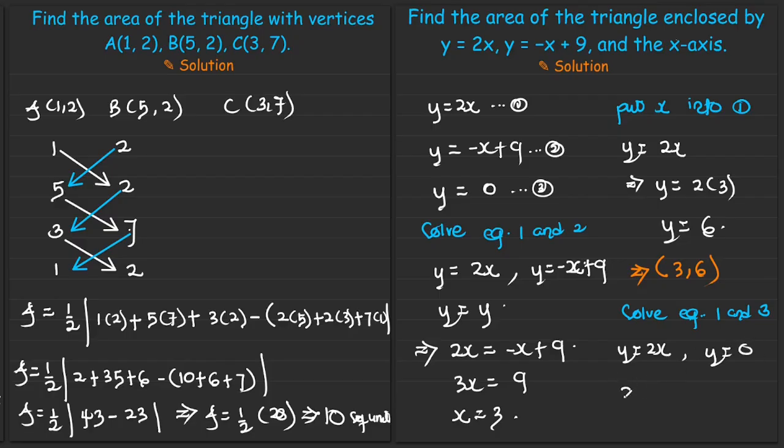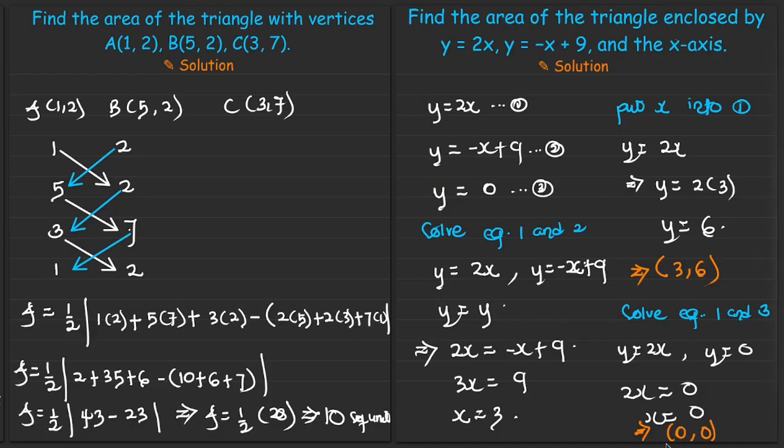So 2x is equal to 0. This is only possible if x is equal to 0. So our next point is (0, 0). It means equation 1 touches the x-axis at the origin, that is (0, 0).